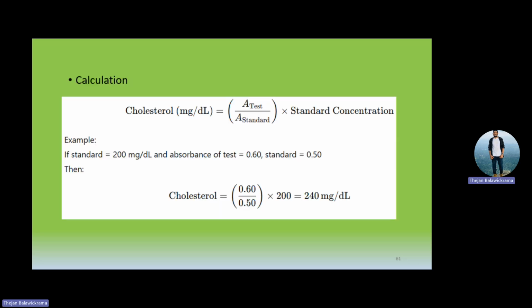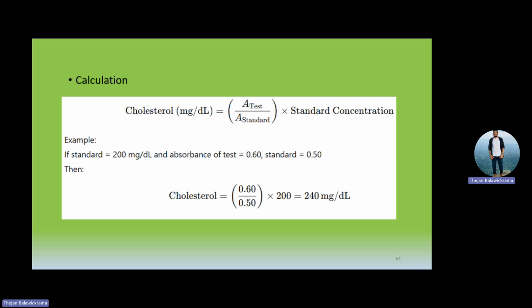This is the calculation. This is the absorbance of our test, that means the patient's sample, divided by the standard solution, that is the known cholesterol sample's color intensity, into the concentration, right?